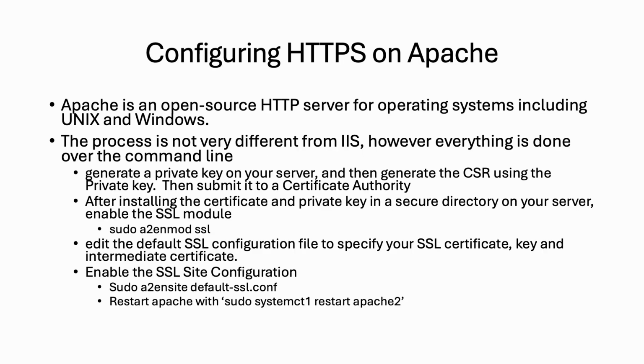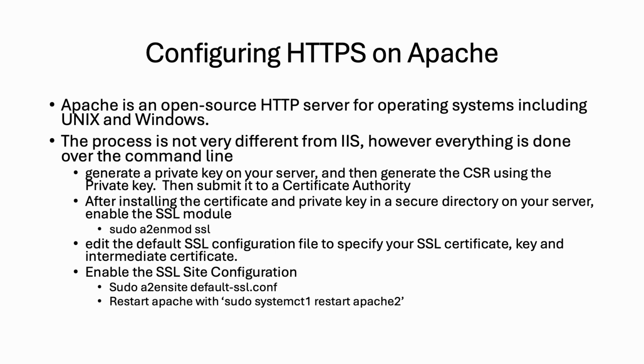All right, so Apache. It's an open source HTTP server for operating systems including Unix and Windows. The process is not very different from IIS, however, everything is done over the command line. So when you generate a private key on your server, you then generate the CSR using the private key and submit it to the certificate authority.